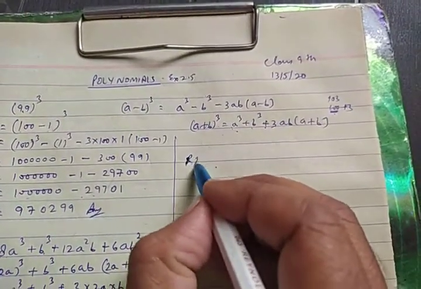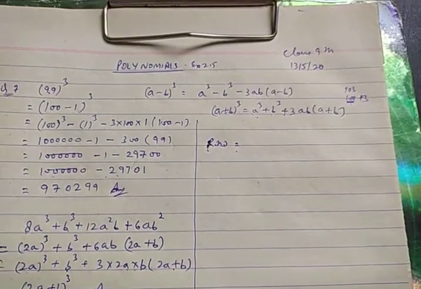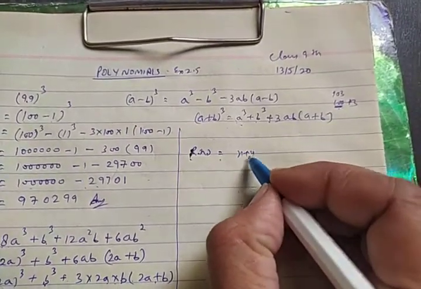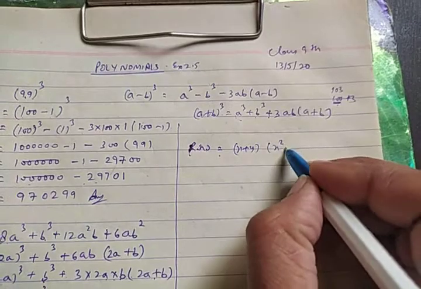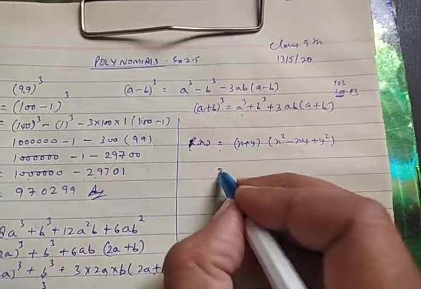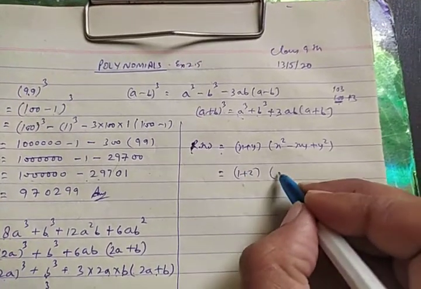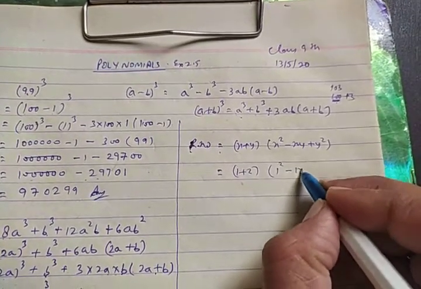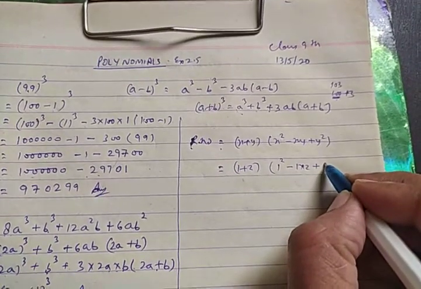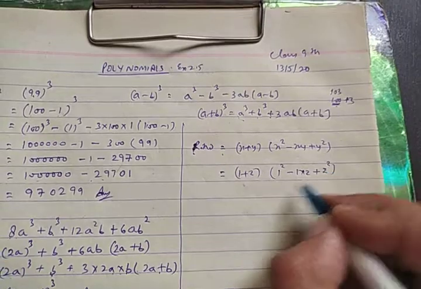RHS would be x plus y and x square minus xy plus y square. Putting the values, 1 plus 2, 1 square minus 1 into 2 plus 2 square. 2 square means 2 to the power 2.